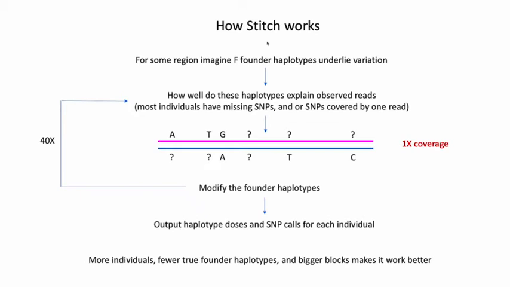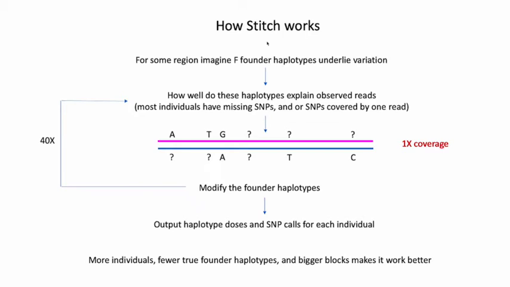But what the method's doing is it's going to say, okay, I'm going to imagine most of the local variation is due to, say, 8 haplotypes. I'm going to lay down 2 haplotypes here. I'm going to find the best 2 haplotypes that explain the variation I see. And then, it's almost like an expectation maximization thing, I'm going to slightly modify the haplotypes to fit the individuals better.